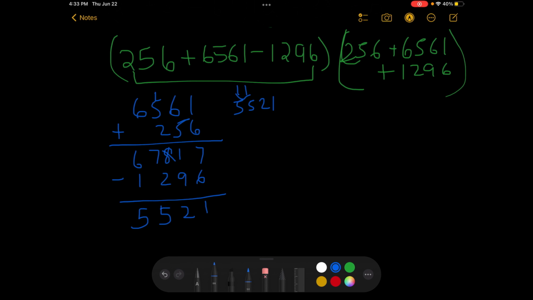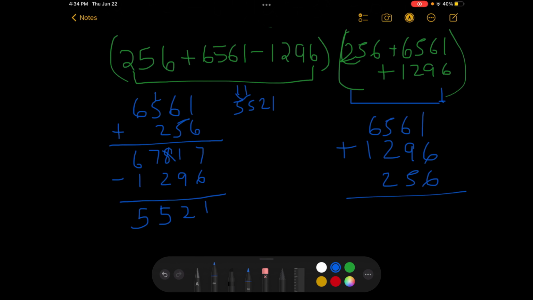And now we find the value for this parenthetical expression right over here. So this is equal to 6561 plus 1296 plus 256.